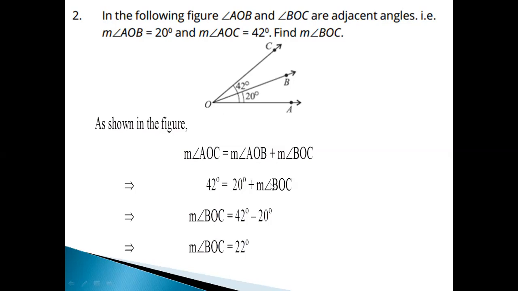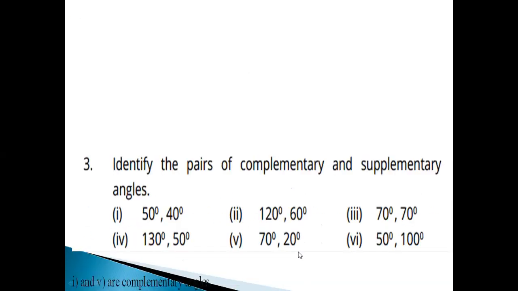And what you are going to find is the measure of angle BOC. Here 20 is positive; when shifted to the other side, it will be negative. So 42 minus 20, you get 22 degrees. So you have found that BOC is equal to 22 degrees. Now come to the next question.